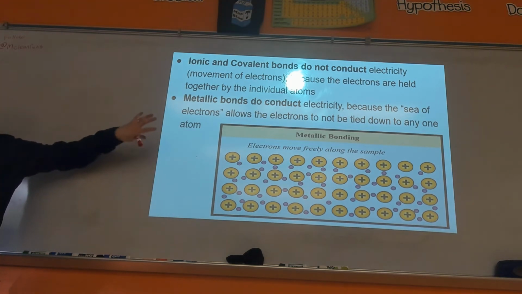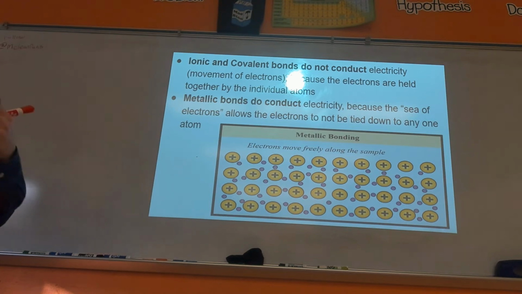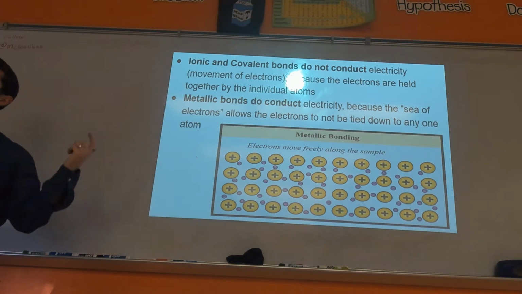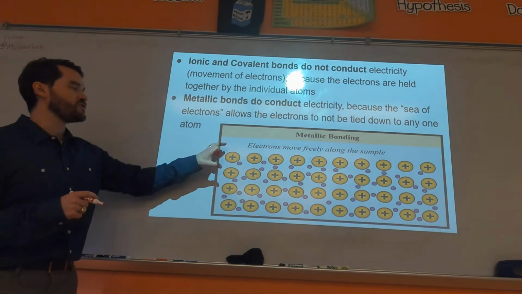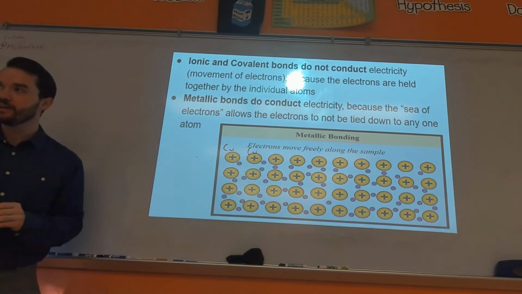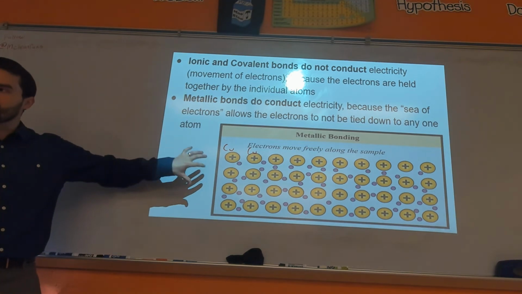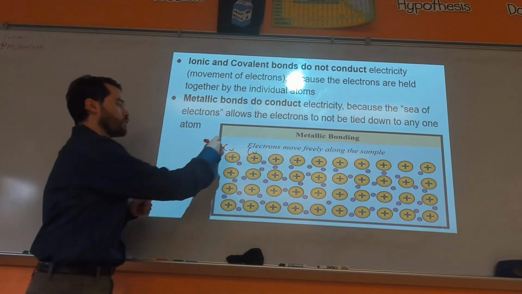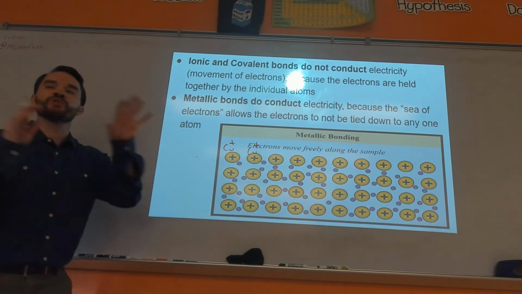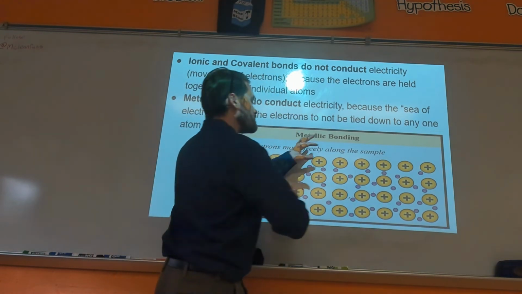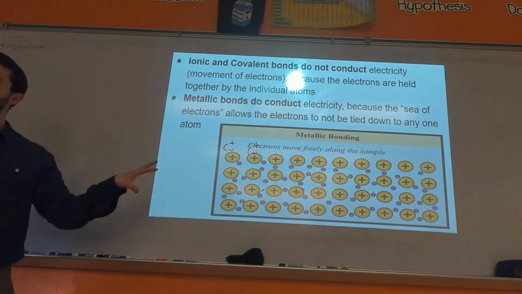Now, what hopefully you should appreciate now that you understand the model of metallic bonding is why metals conduct electricity. It's because of the sea of electrons. If you have a big block of copper, it's going to conduct electricity because each of these copper atoms forms an ion, getting rid of its electrons. These electrons exist as the communal sea of electrons.